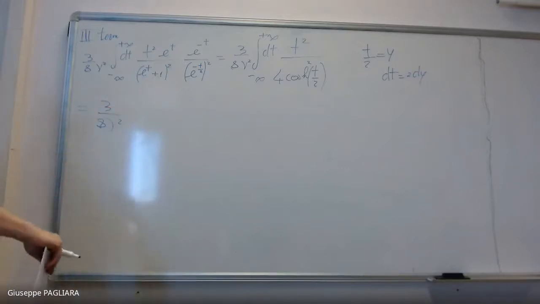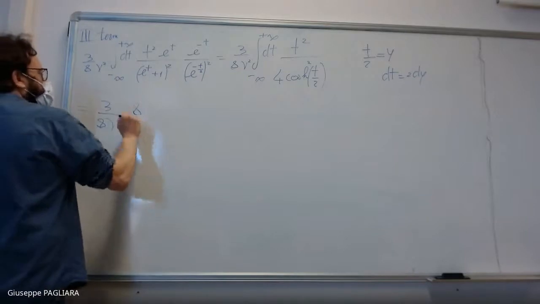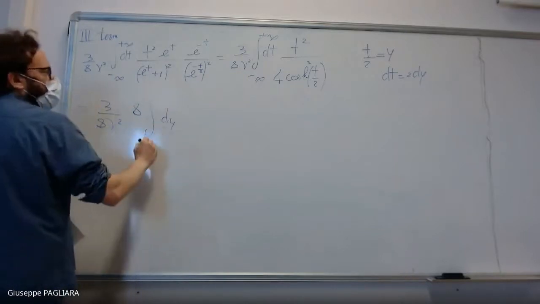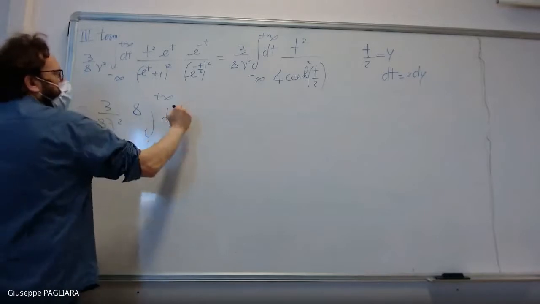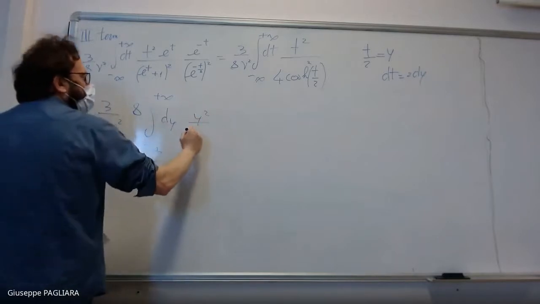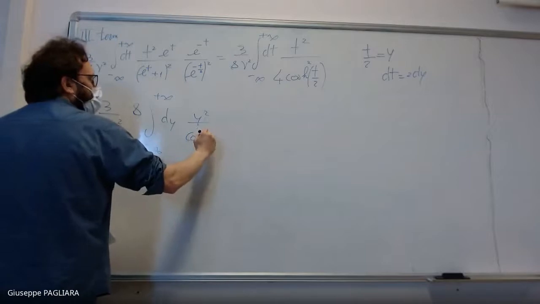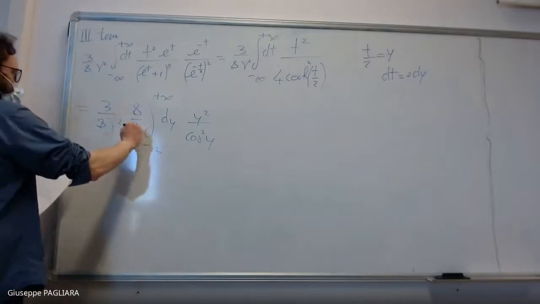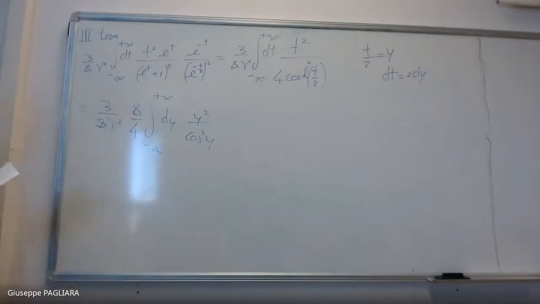Then I have 3 powers of t, therefore I should have 8 here. Integral of dy from minus infinity to plus infinity of y squared divided by cosh squared of y, and I have an additional factor of 4.